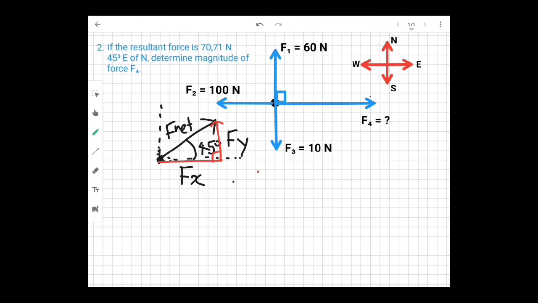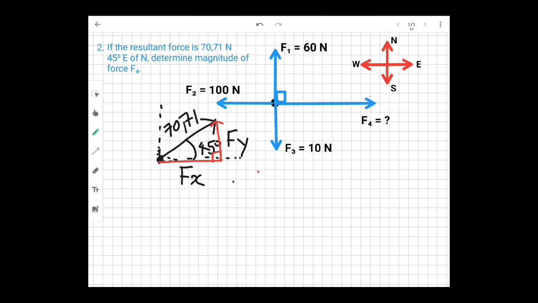I already know that the F net is 70,71, so let me write 70,71 there. I think this puzzle is looking much easier to solve because I've got 70,71 and an angle of 45 degrees here.